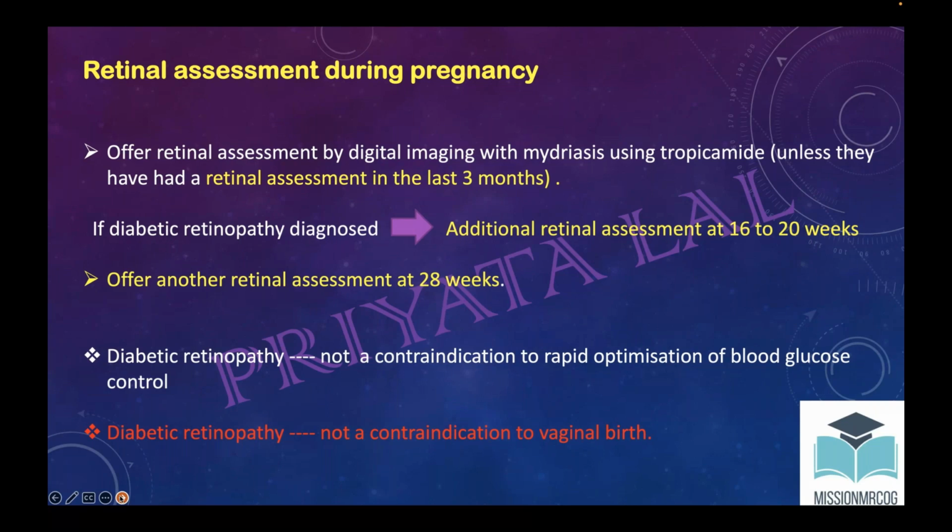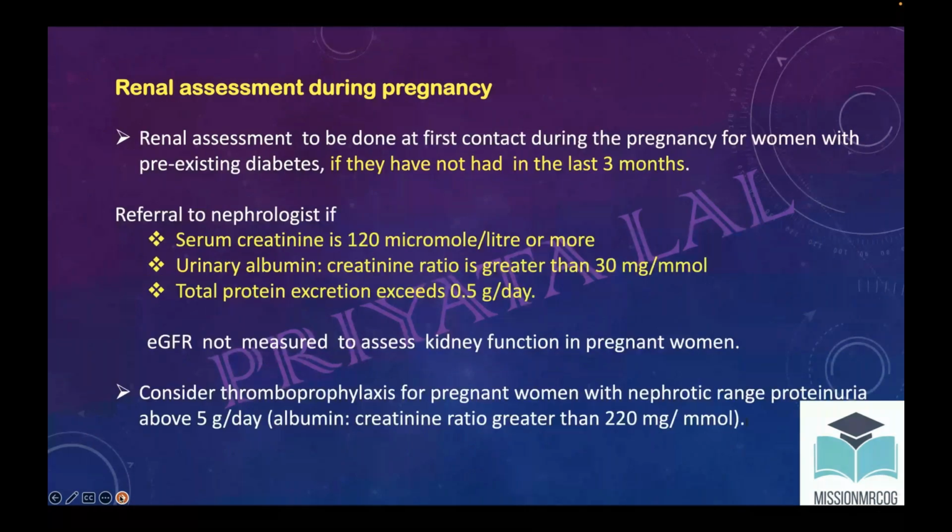Now renal assessment. Again, in pregnancy, we would review the kidneys if no assessment has been done in 3 months. They will refer the patient to a nephrologist if the creatinine is more than 120, the albumin creatinine ratio is more than 30, or total protein is more than 5 gram per day. That means the patient is having proteinuria. These are the indications where a referral to the nephrologist would be required during pregnancy.